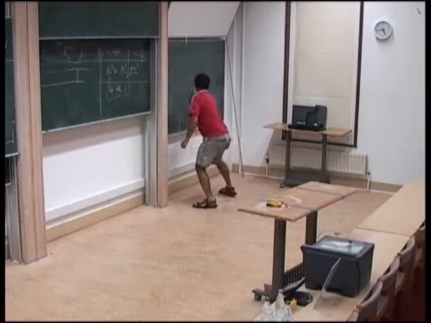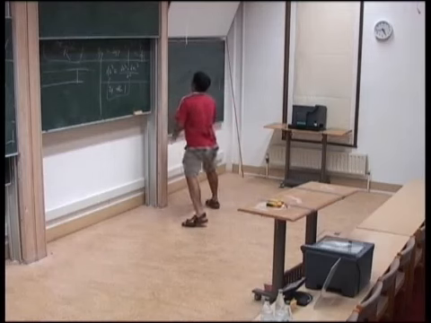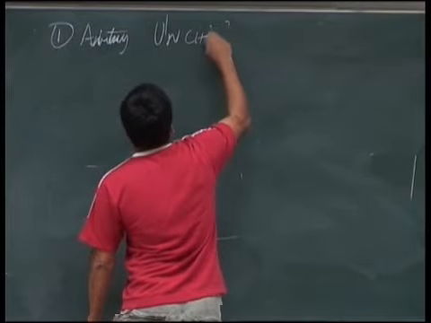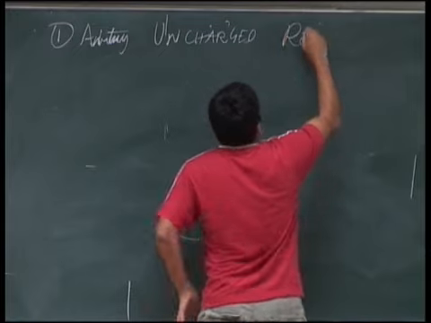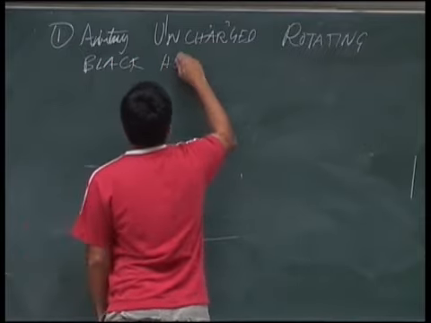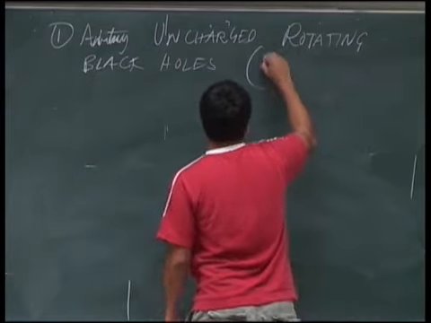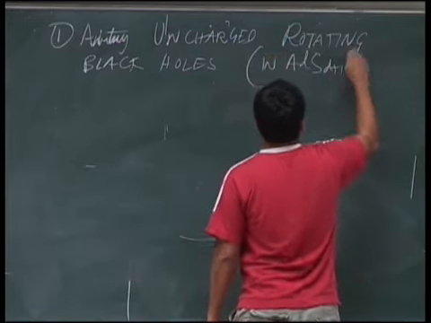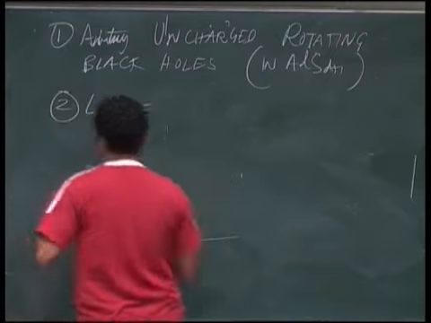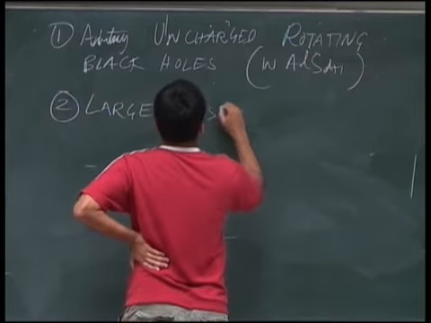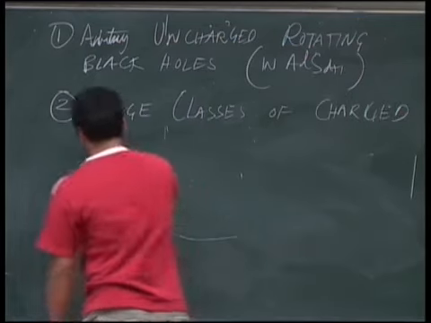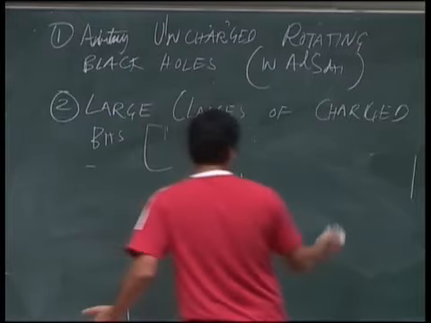This includes arbitrary uncharged black holes in AdS-D for arbitrary D. It includes large classes of charged black hole solutions in the situations in which they've been found.